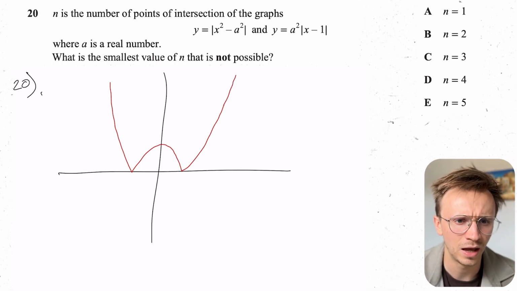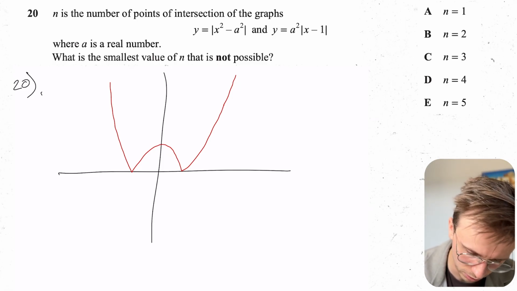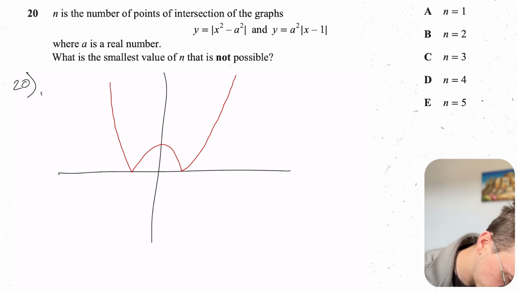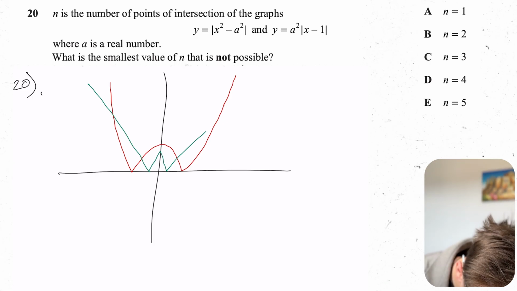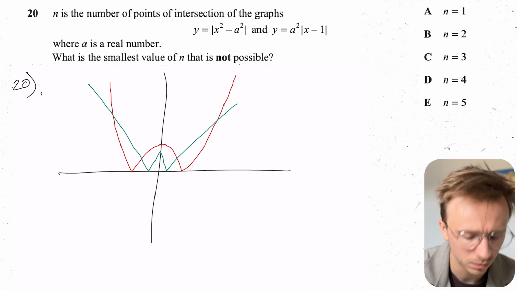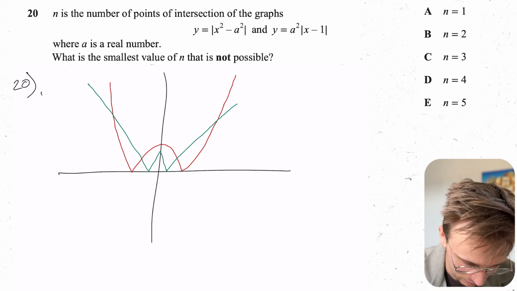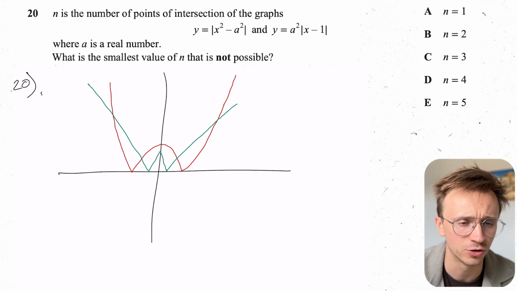And then x minus 1 modulus is going to look like, okay, so just drawing it, this red line is always going to beat the green line because it's a squared versus a non-squared.